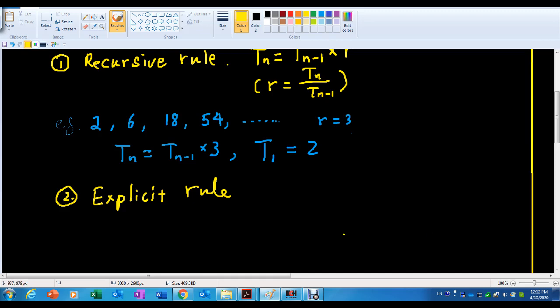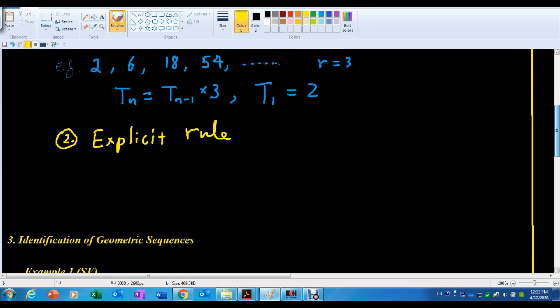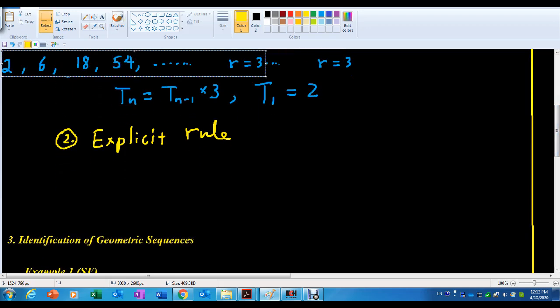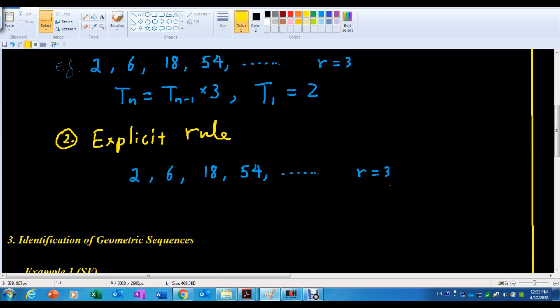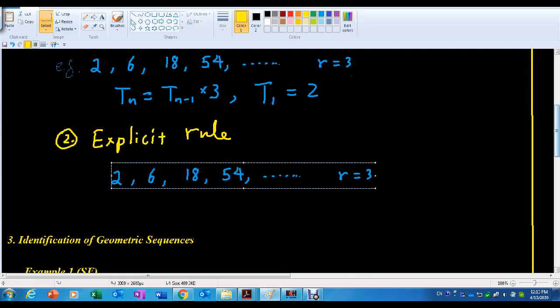Instead of considering the relation between two consecutive terms, you relate each term to the first term. Let's see how that happens. I'll use this as an illustration, again. Let's see.